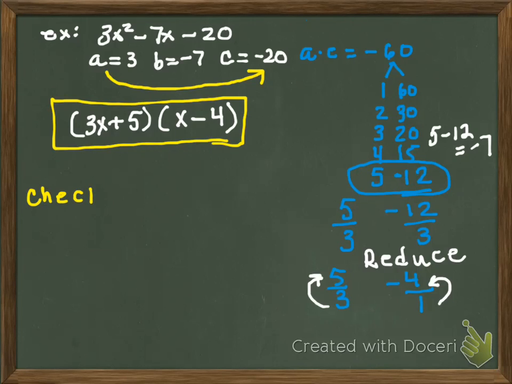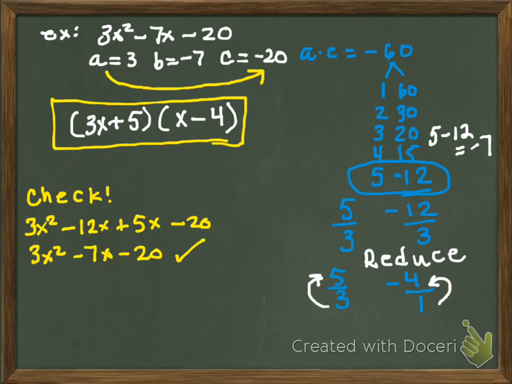Okay, let's check just to make sure our two binomials result in the original trinomial. So when we multiply, we get 3x squared minus 12x plus 5x minus 20. And then, after collecting like terms, we get 3x squared minus 7x minus 20. Great, it checks out.